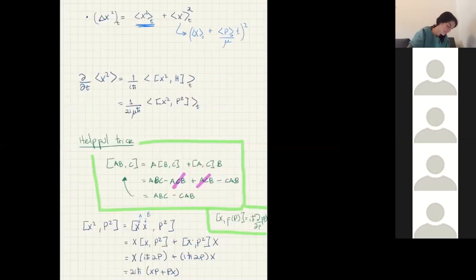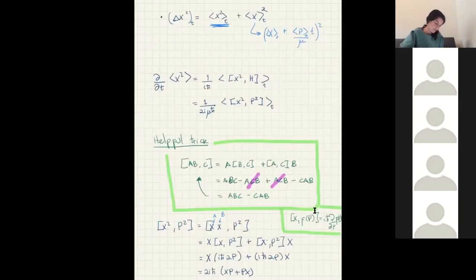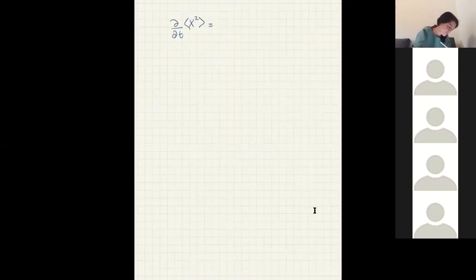So with d dt of the average of x squared equals 1 over mu, and then the average of xp plus px. Right, good.